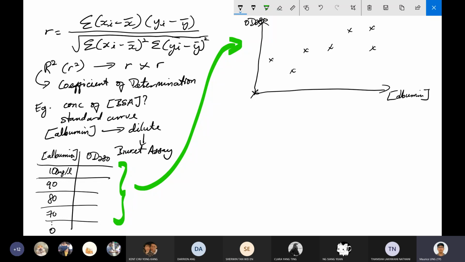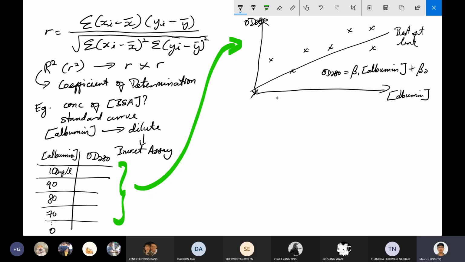Then you draw a best fit line. This is your best fit line, and it has an equation: OD280 equals the gradient times your albumin concentration plus your y-intercept. The y-intercept can be 0.